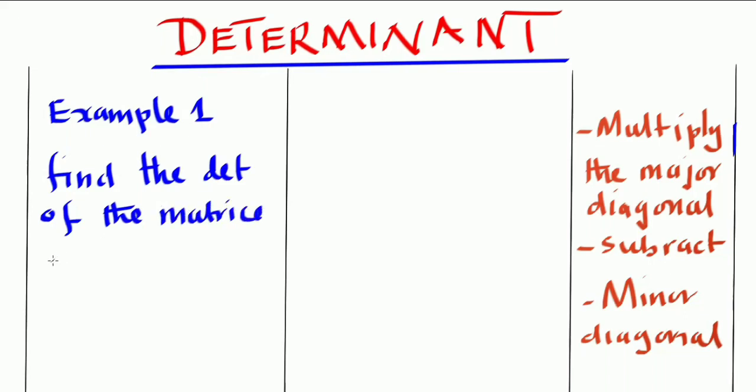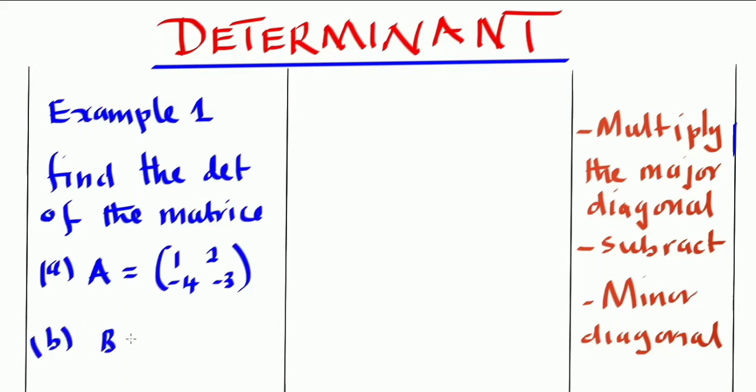We shall say matrix A is equal to 1, 2, -4, -3. Then for question B, matrix B is -3, -1, 1, -2, like that.